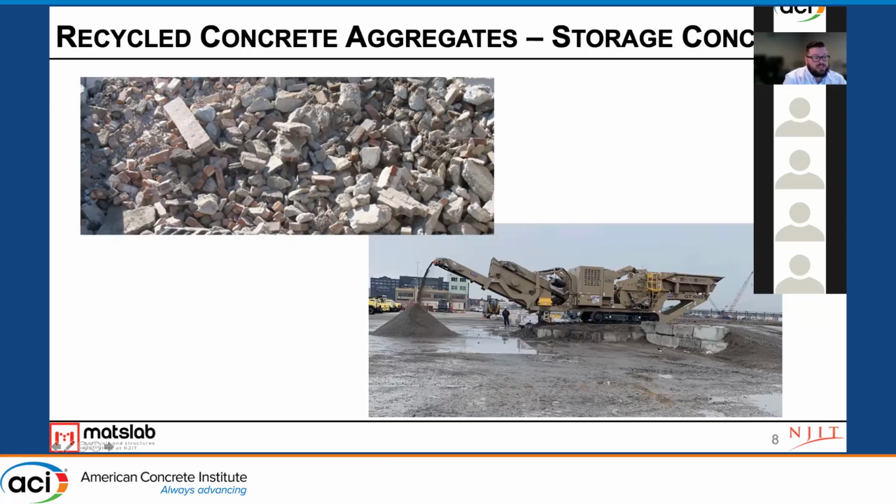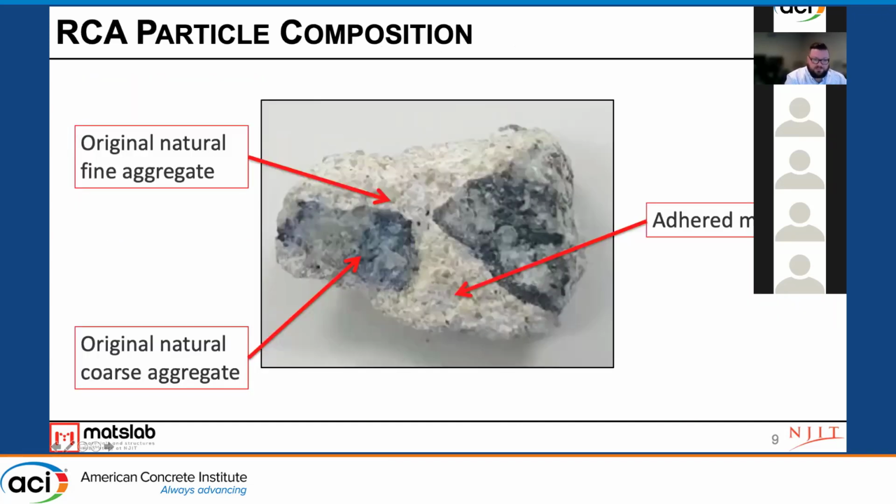And in most places, they're going to store their recycled concrete material outside. And so you have large stockpiles of material sitting outdoors, both before crushing and after crushing. Now, an RCA particle has this adhered mortar attached to it. And so this is a cement material, generally a Portland cement material.